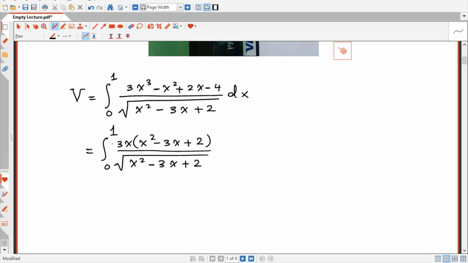So 3x times x squared, we get 3x cubed, that is there.